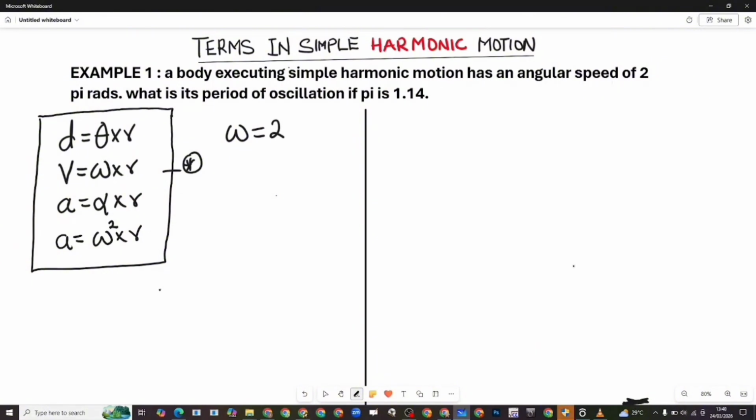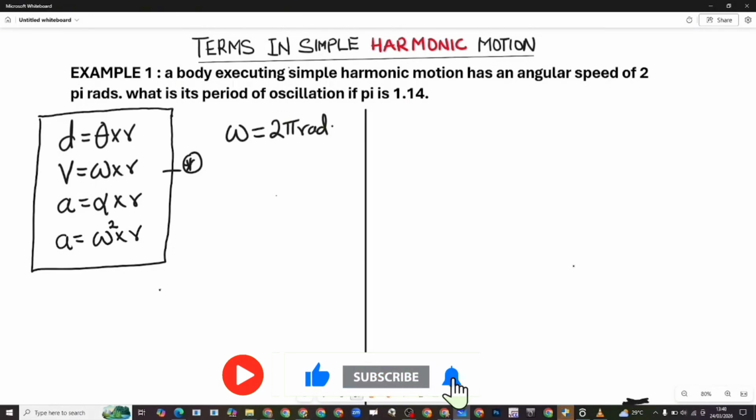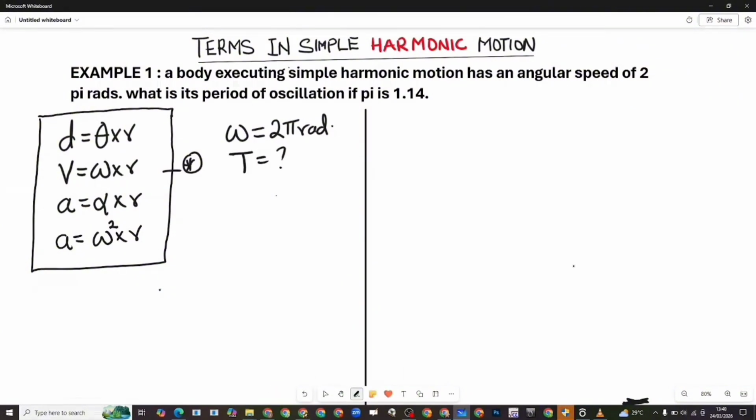What is the period of oscillation, that is T, if pi is given as 1.14?